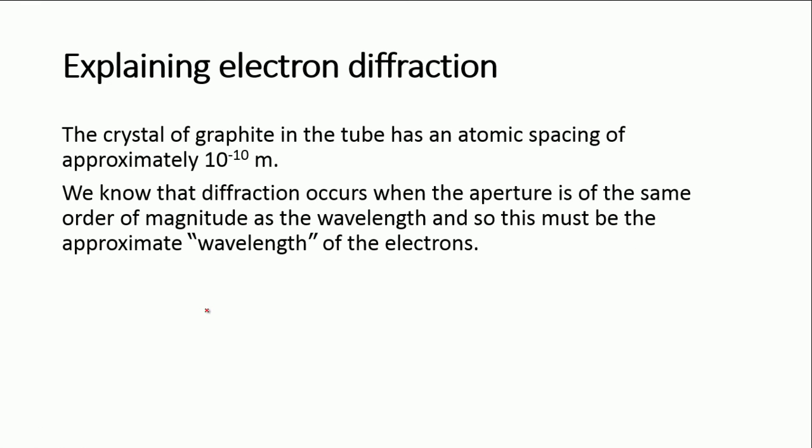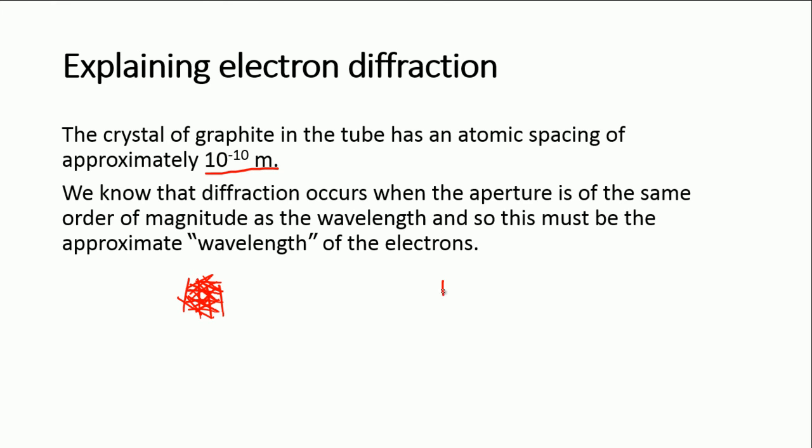If you think about the crystal of graphite, it's got lots and lots of layers, and the atoms are arranged at random angles, and so what that creates are little holes in the graphite structure. There's one there, that's a rather obvious one right in the middle there. And the spacing between the atoms is approximately 10 to the minus 10 meters. So those are the holes that the electrons pass through.